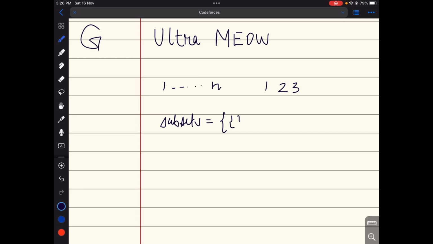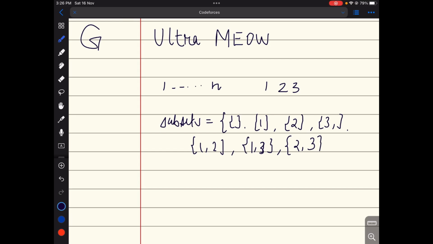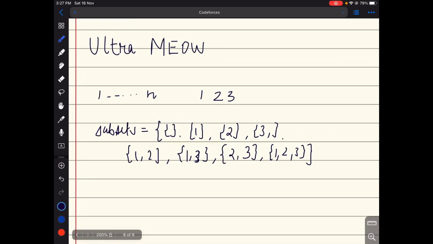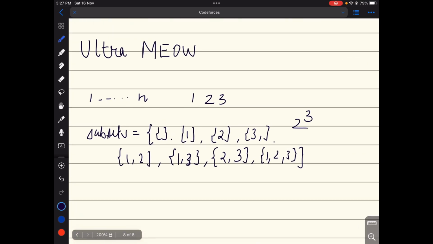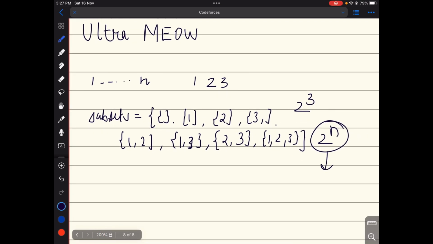The first subset is the empty set, then we have 1, then 2, then 3, then 1 comma 2, 1 comma 3, 2 comma 3, and finally the entire array. The number of subsets is 2 power 3, that is, 2 power n where n is the number of elements. Now we need to reduce this time complexity of 2 power n to order of n square.